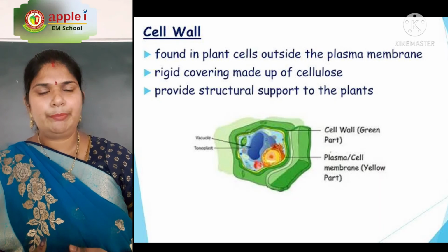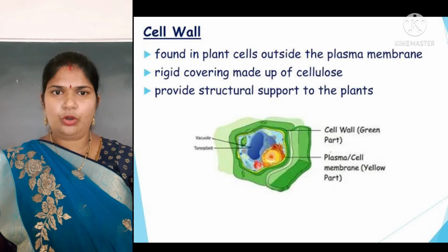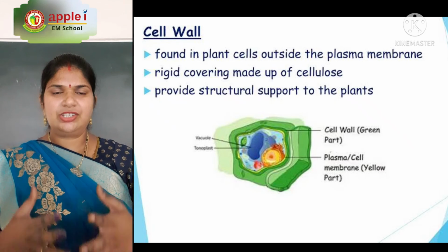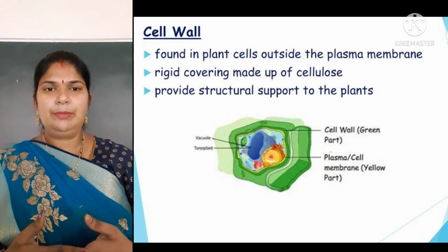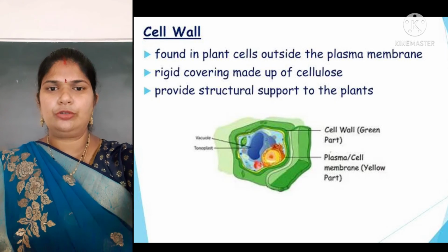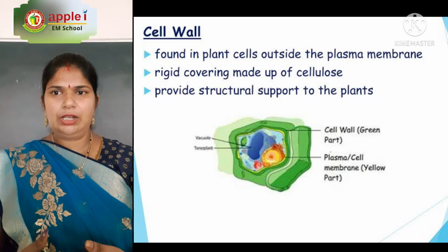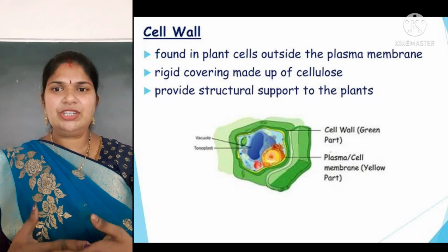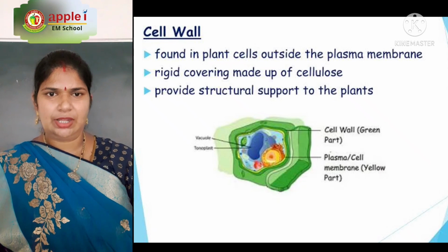Because it is made up of cellulose. The role of the cell wall is to provide structural support to the plants. Not only that, the cell wall allows water and some dissolved substances to pass through it into the cell.